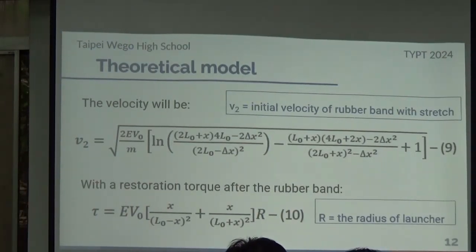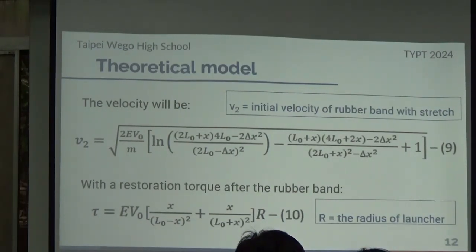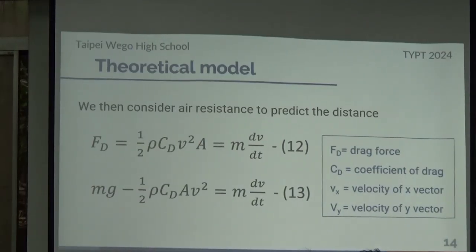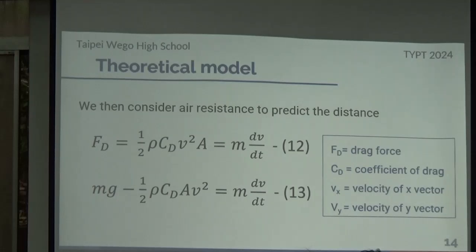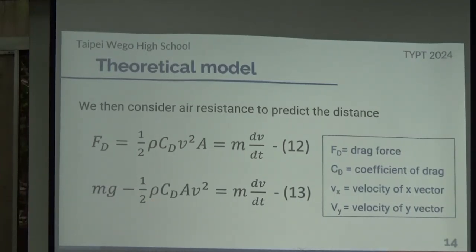We also consider the restoration torque of the rubber band because it is unevenly stretched, and we derive the angular momentum of the unevenly stretched rubber band. Next, we consider the air resistance while shooting the rubber band, and we can see the equation below.